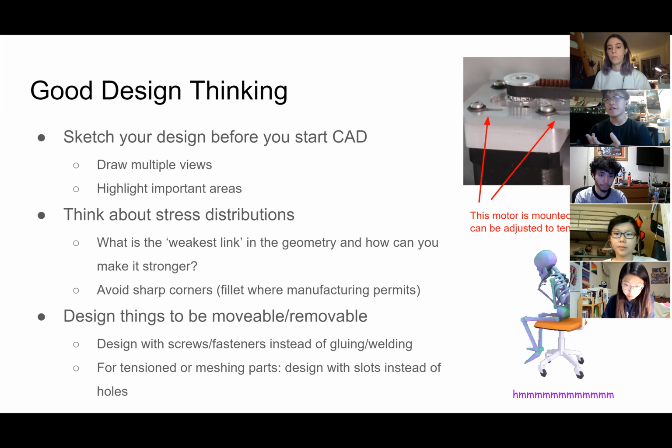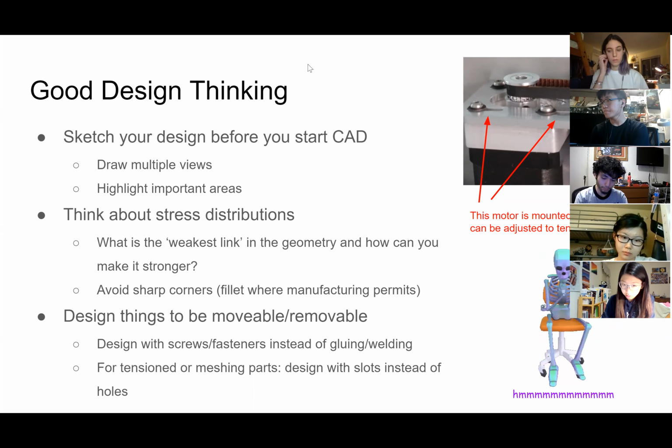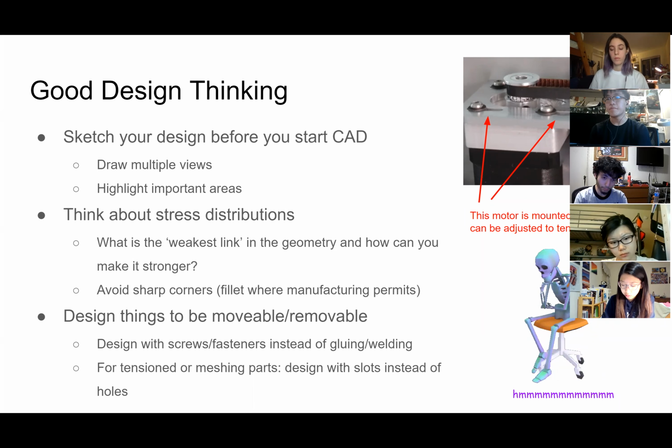To achieve this, you design with screws and fasteners instead of permanent fixtures like gluing or welding. And you design with slots instead of holes, so you could adjust your part whenever you can.